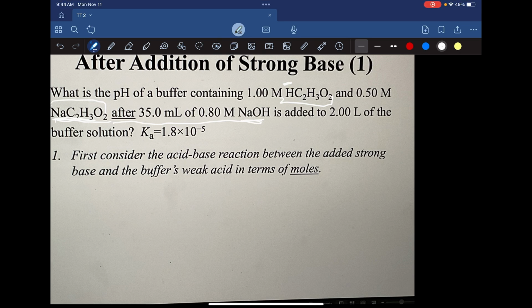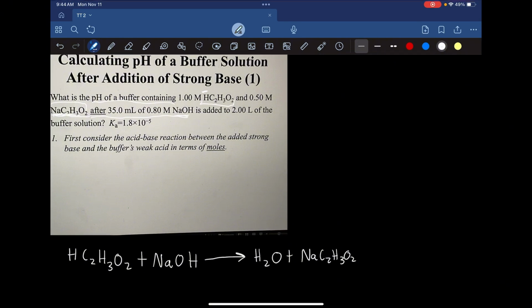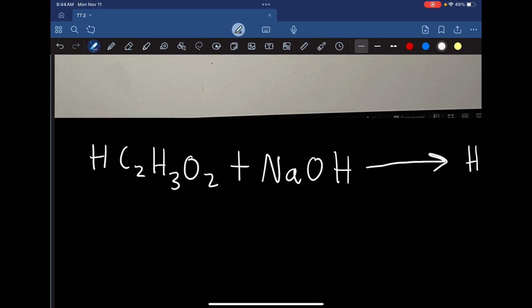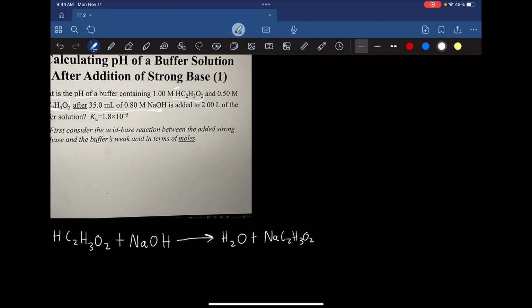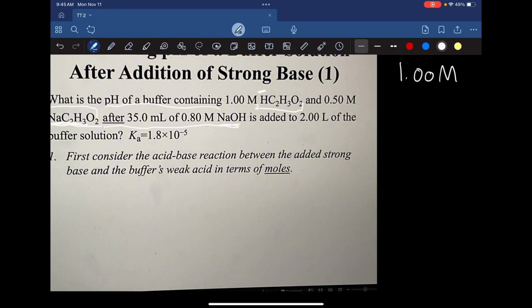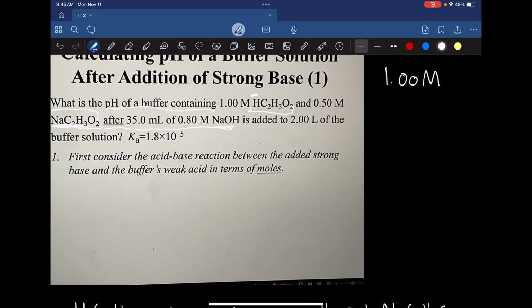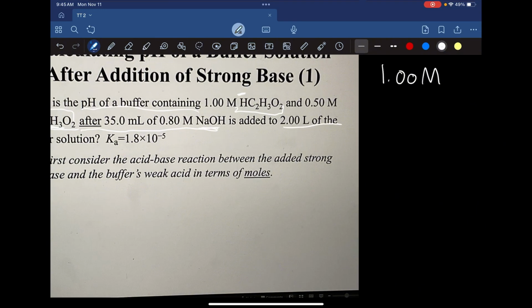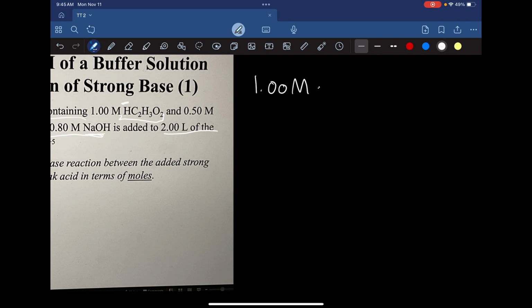So what is the pH of the buffer containing 1 M of HC2H3O2? The starting amount is 1 M, and we multiply that by the volume, which is the 2 liters of the buffer solution.